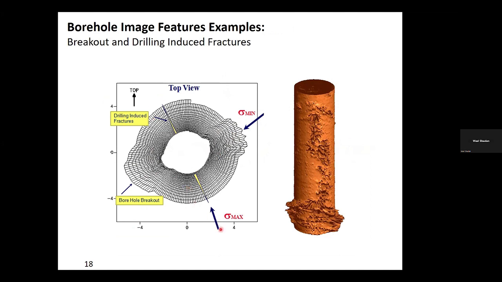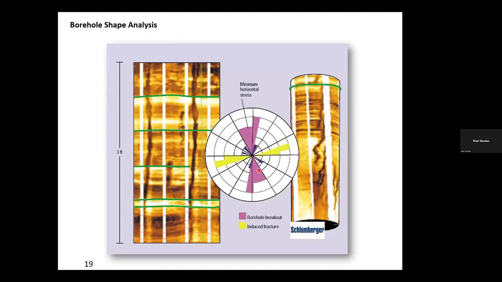In the opposite direction, we can have, not always, tensile failure in the wellbore, which you call drilling induced fracture, the one that I mentioned before. So this is important information.